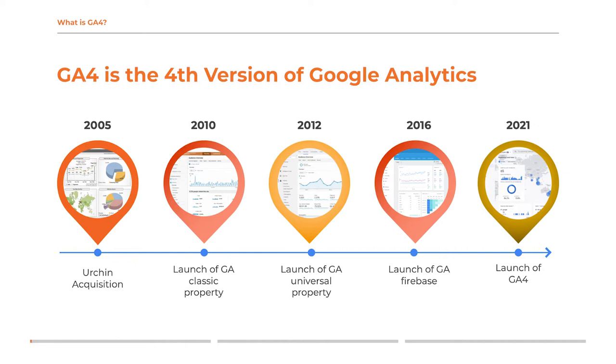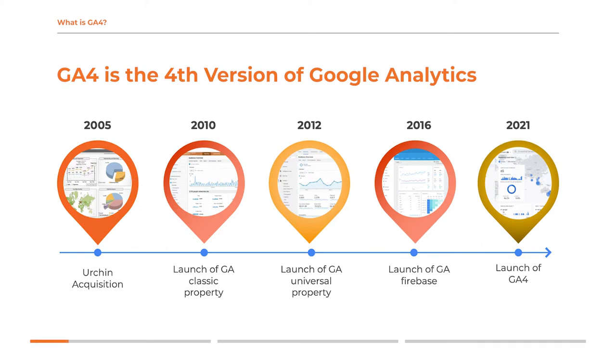So as you all know, Google's been around for a while now. It started off with the acquisition of Urchin, which was one of the very first search analytics platforms back in the day in 2005. And then Classic Analytics was launched in 2010, and then Universal Analytics in 2012. 2016 saw the launch of GA5, which was essentially meant to track app interactions.